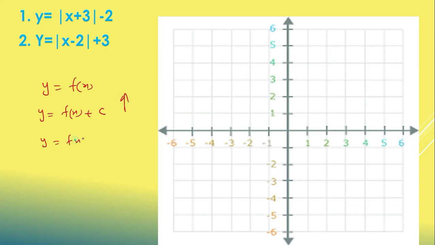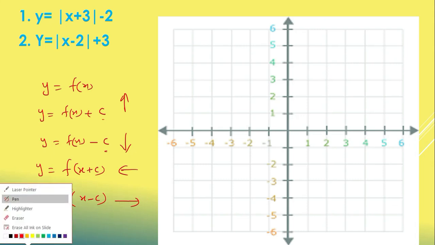If you subtract any constant, it will move the graph downwards, c units. If you add a constant to the variable x, it will move left side c units. If you subtract a constant with the variable, then it will move right side c units. So this basic concept may help you.